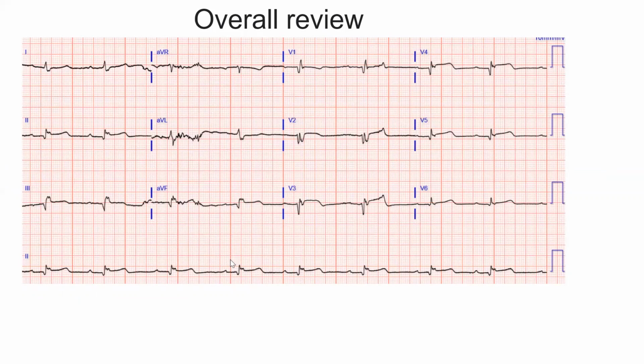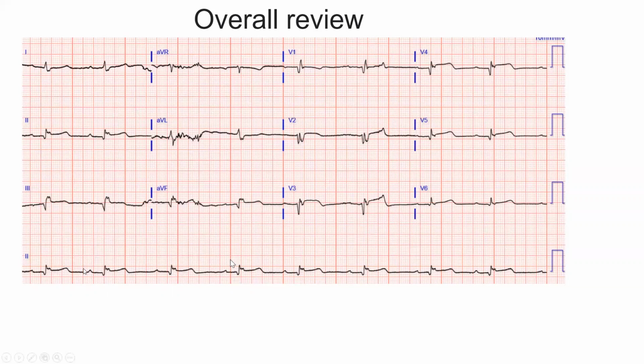First, we need to evaluate the rhythm. We can check lead 2 here. The R-R interval is the same, so this is a regular rhythm. Next is heart rate.